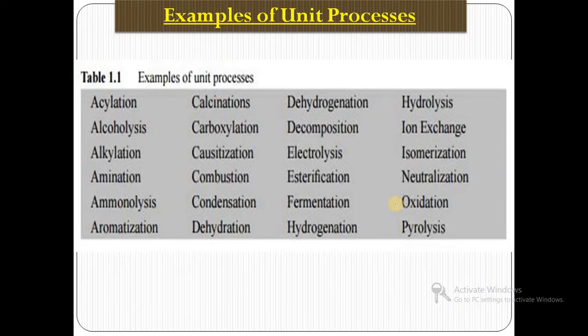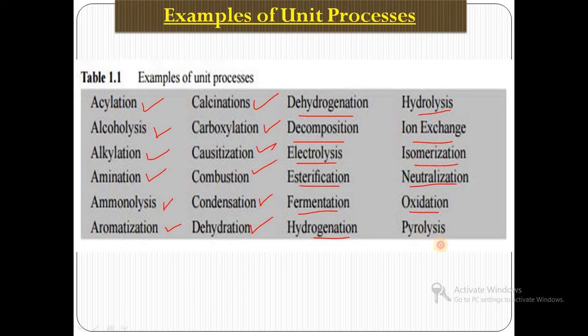Then there are several examples of unit processes. Some of the examples are acylation type of reaction, alcoholysis, alkylation, then aminations, then ammonolysis, aromatization reaction, then calcination, carboxylation, then causticization, combustion, condensation, dehydration, then dehydrogenation, decomposition, electrolysis, esterification, fermentation, hydrogenation, hydrolysis, ion exchange, isomerization, neutralization, oxidation, and pyrolysis.